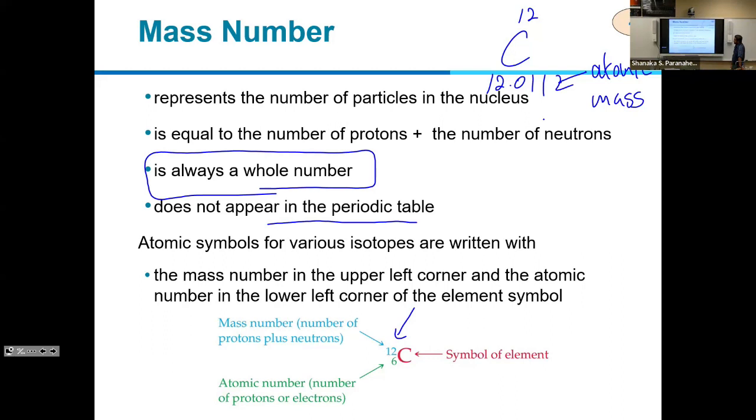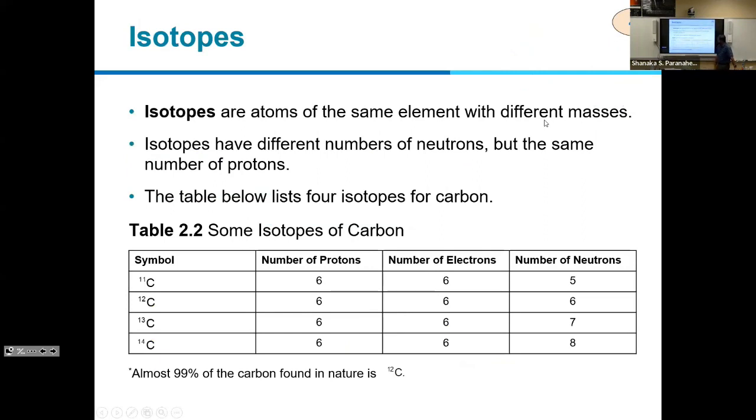Different types of the same element are called isotopes, and they are written with this standard symbol. As I mentioned earlier, there are different types of carbon atoms. If we take a sample of carbon, we have C-12, C-11, C-13, C-14.